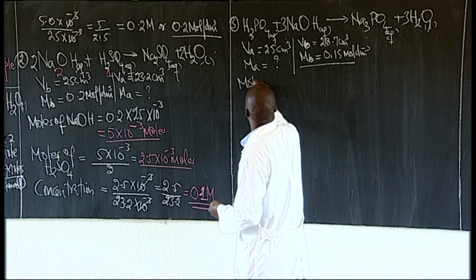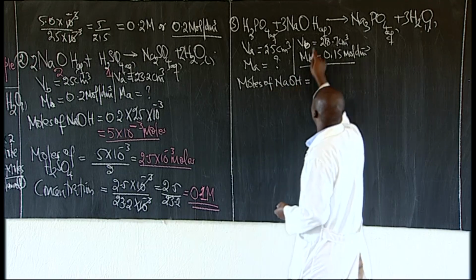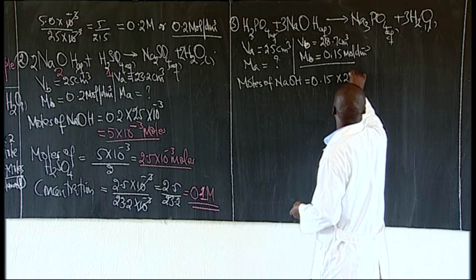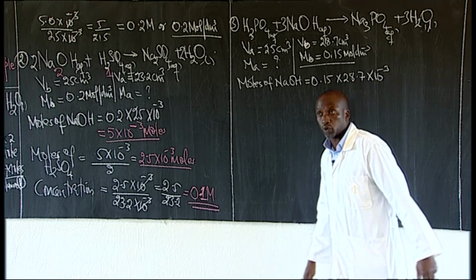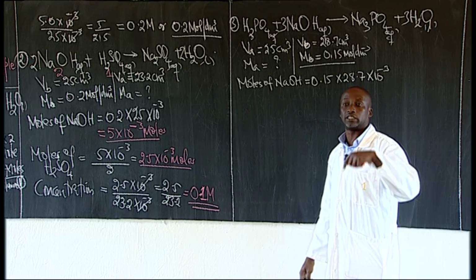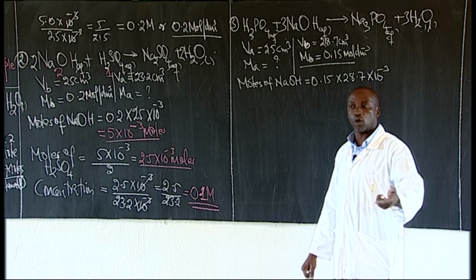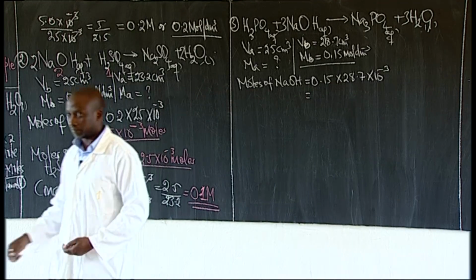So the moles of sodium hydroxide here will be equal to 0.15 times 28.7 times 10 to power negative 3. Multiplying by 10 to power negative 3 is the same as dividing by 1,000, because the volume has to be in liters. Your calculator, please.